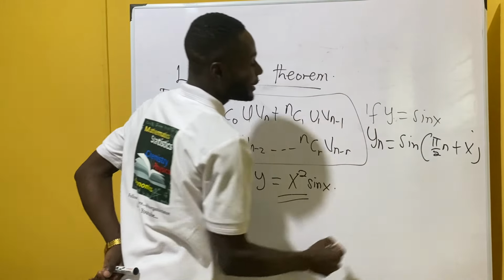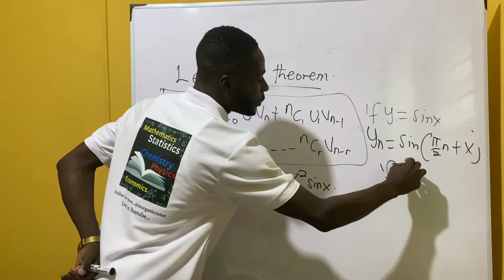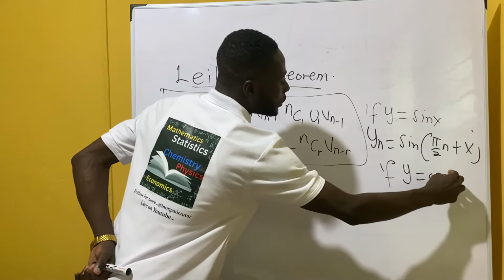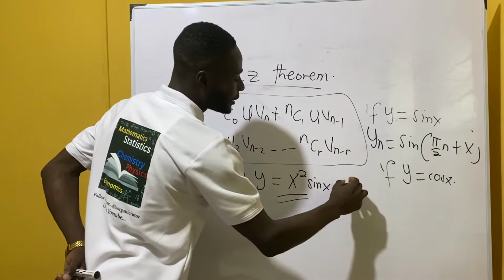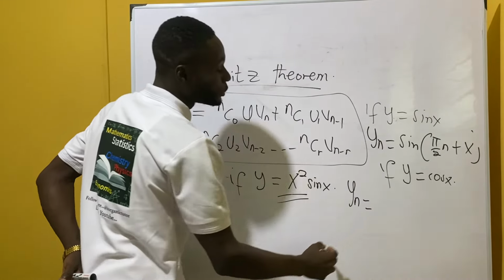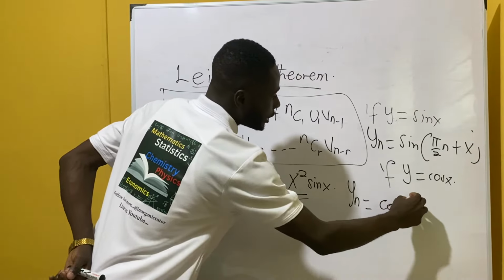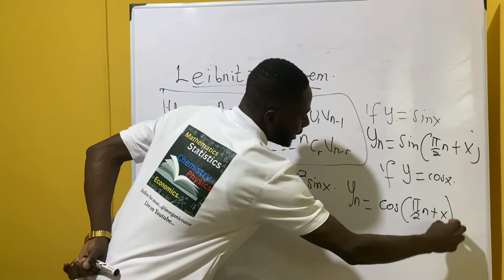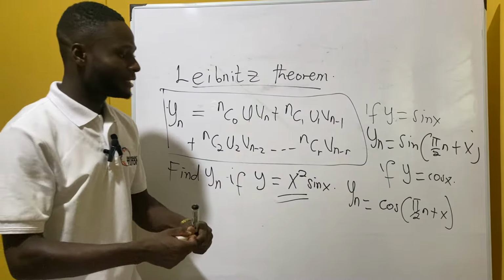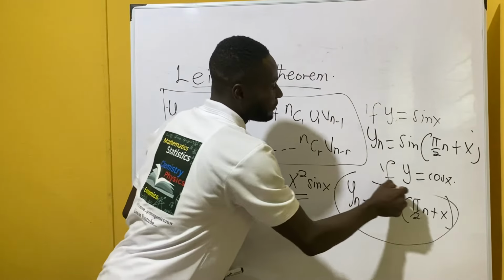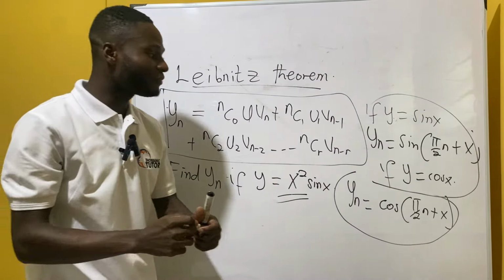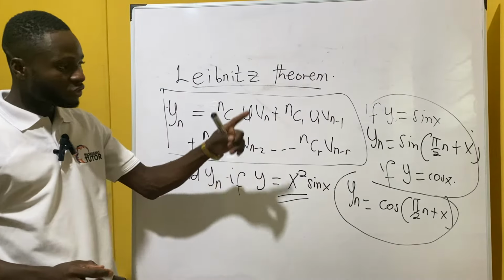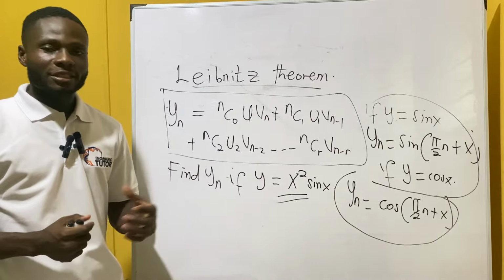And if y is equal to cos x, then y_n is equal to cos of (n pi over 2 plus x). So these are the conditions he gave, and you have to note them so that you can work with Leibniz.